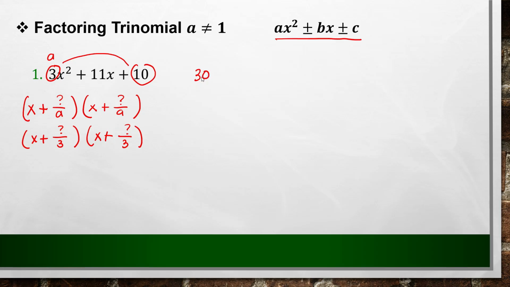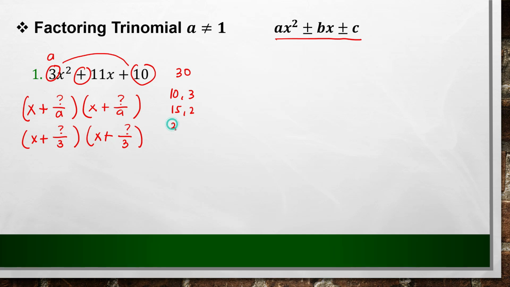And then we need to find two numbers that when multiplied, the answer is 30. So it should be positive 30, just to be very clear. Now those two numbers should be positive because the middle term is positive. So that means 10 and 3, 15 and 2.